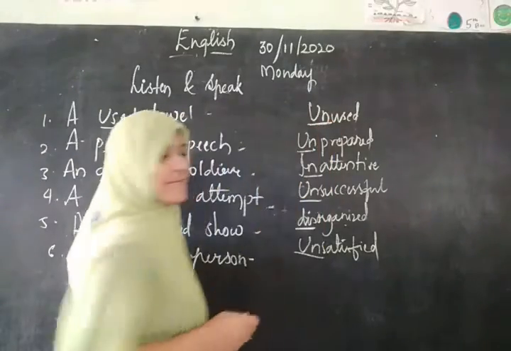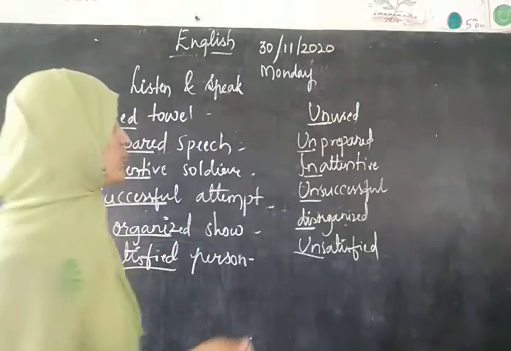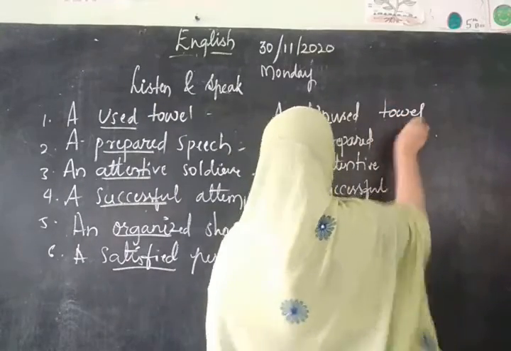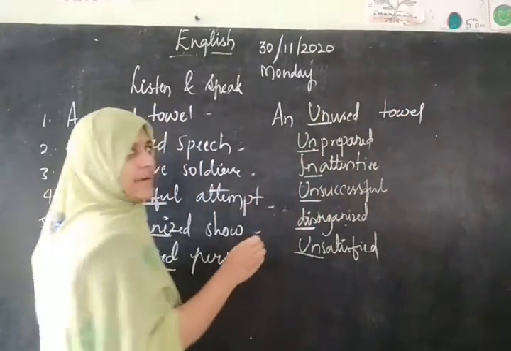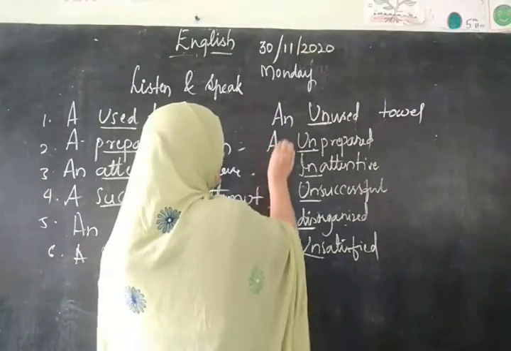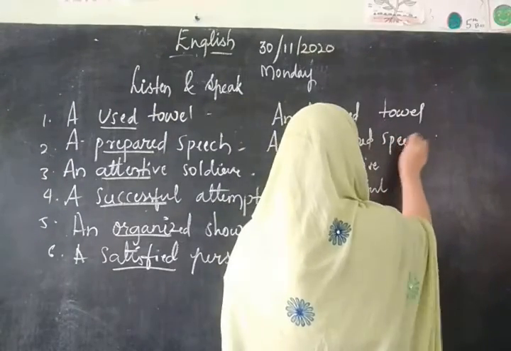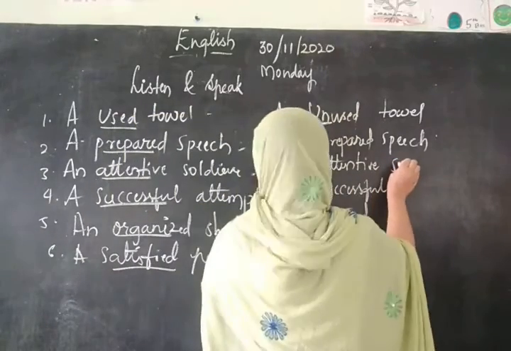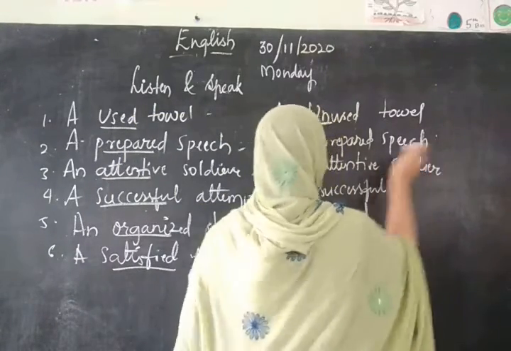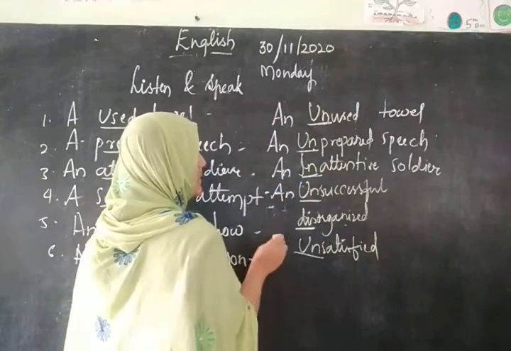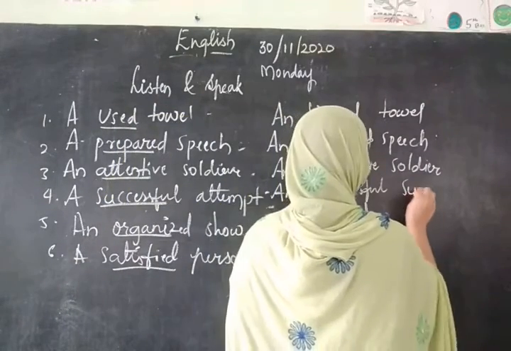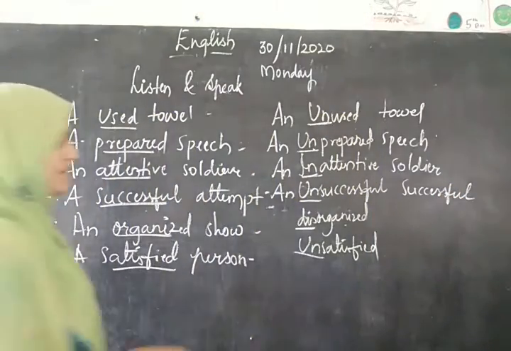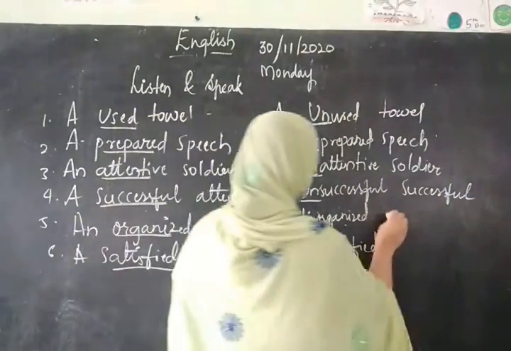Now, unused: you are getting a vowel sound, u, so it becomes an unused towel. The word unprepared, again I am getting a vowel sound, so it is an unprepared speech. An inattentive soldier. An unsuccessful attempt. They've given a disorganized show.